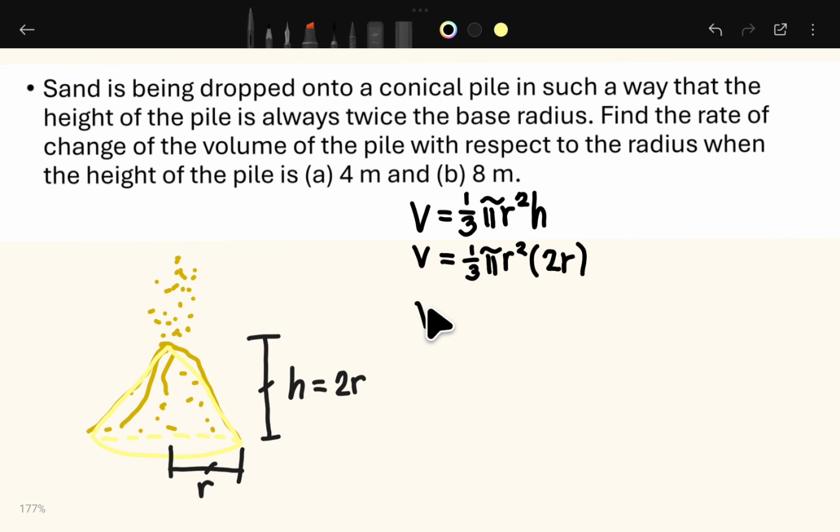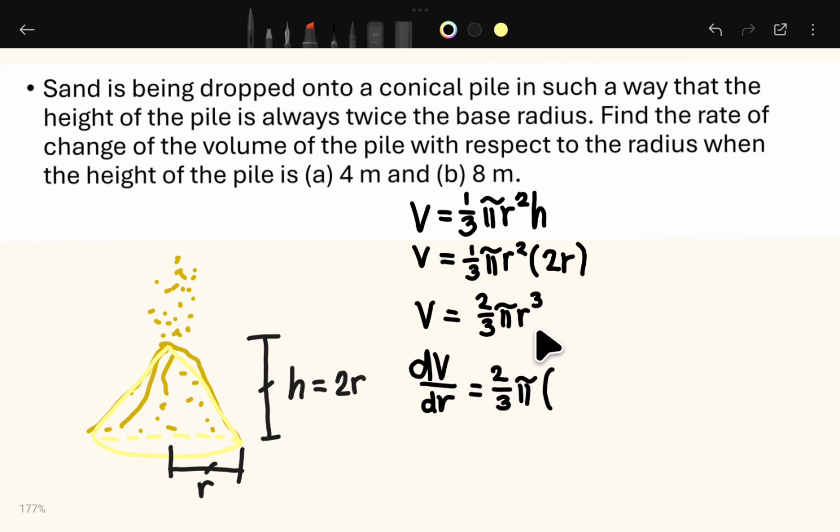So volume is equal to 2/3 pi r cubed. And so finding the derivative, dV/dr is equal to 2/3 pi times the derivative of r cubed, we have 3r squared. dV/dr is equal to 2 pi r squared. Substitute values for r, or the radius.